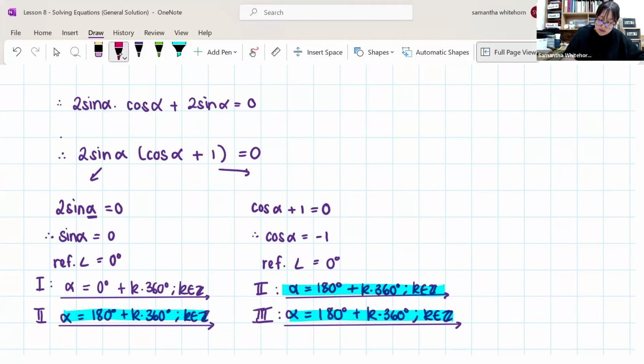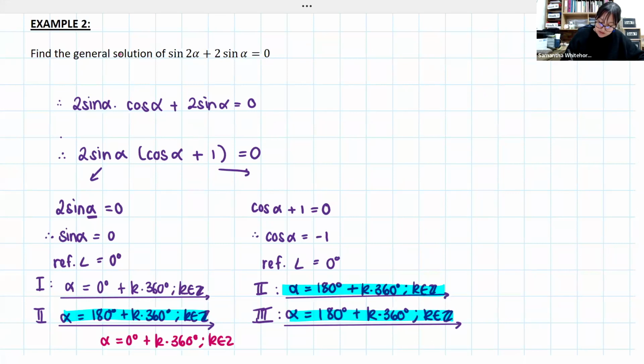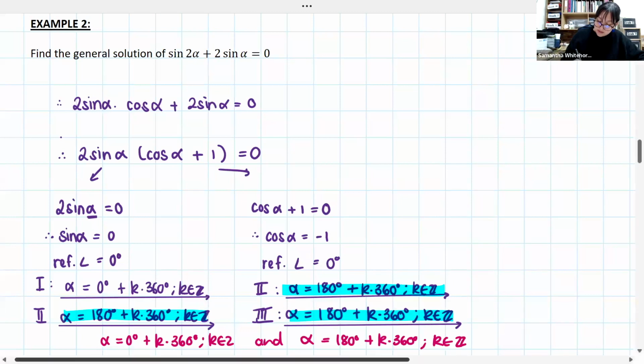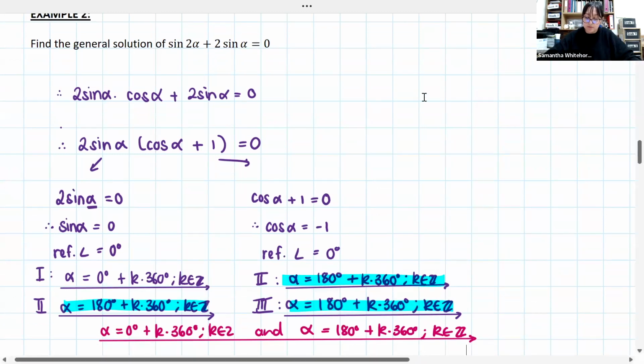So if in the end you actually just said that alpha is equal to 0 plus k times 360, where k is an integer, and alpha is equal to 180 plus k times 360, where k is an element of the integer number system, that's obviously absolutely fine. All you're doing is just not repeating the same solution and giving me a concise answer here in terms of what alpha is actually equal to.